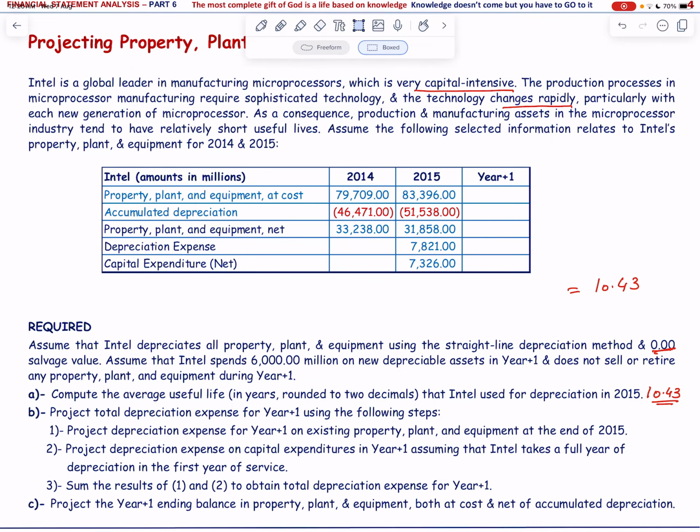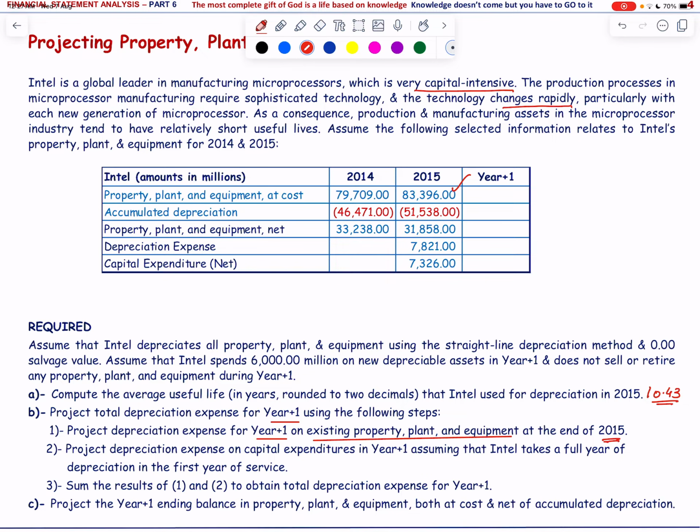Okay. Next, we have to project the total depreciation expense for year plus one using the following steps. And the first step is project depreciation expense for year plus one on existing property, plant, and equipment at the end of 2015. Now, at the end of 2015, we have the property, plant, and equipment for 83,000.